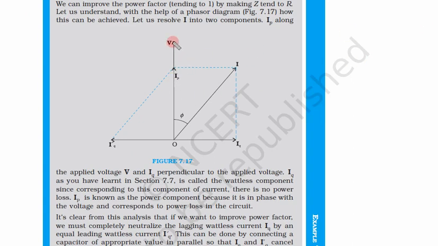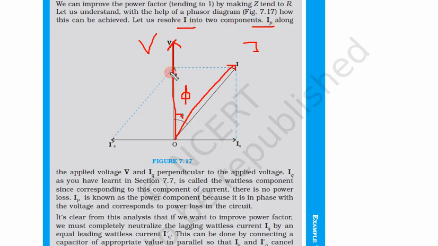So first of all, this is our voltage V, the applied voltage of the source, and here is our current. This current is lagging by some angle phi. So this is a lagging case. Now this I can be divided into two components.